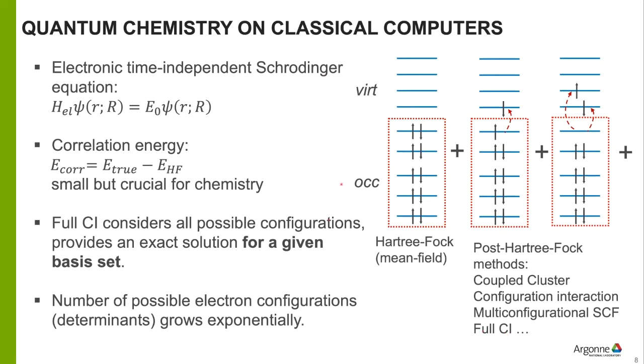So the energy between the true value and the Hartree-Fock energy is called the correlation energy, and that's essentially what we want to find. It is a small amount of energy compared to the Hartree-Fock energy, but this is actually where all important chemistry happens.